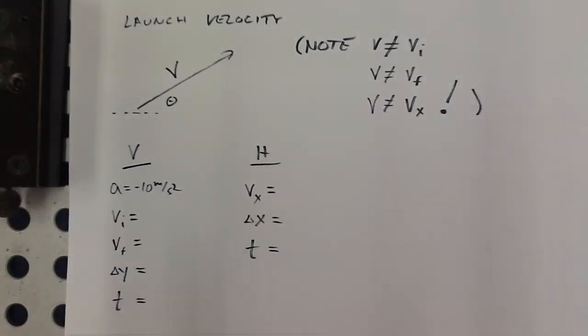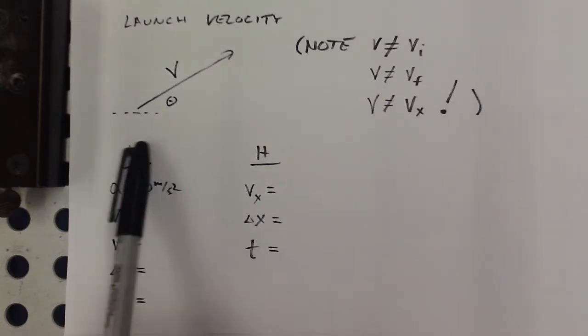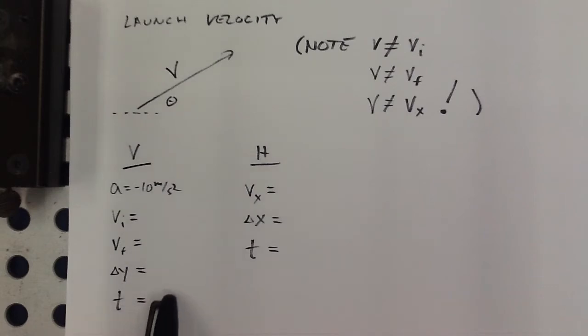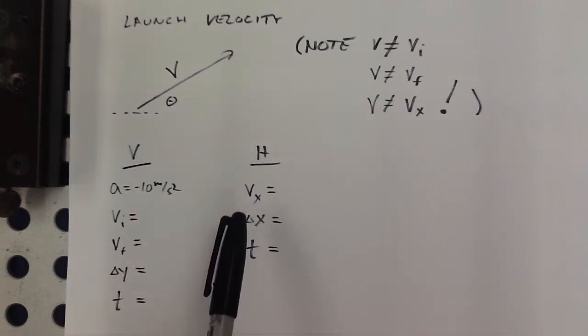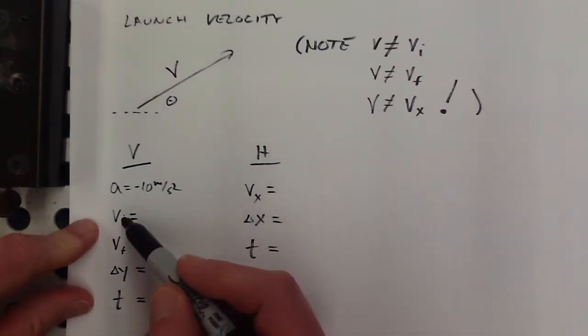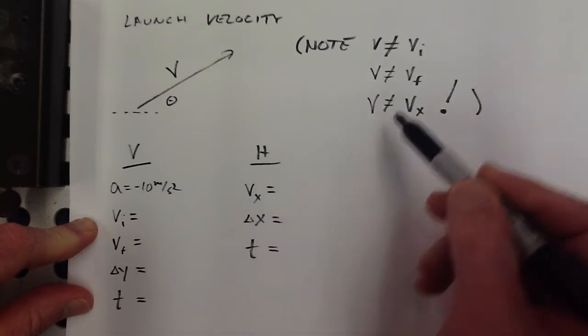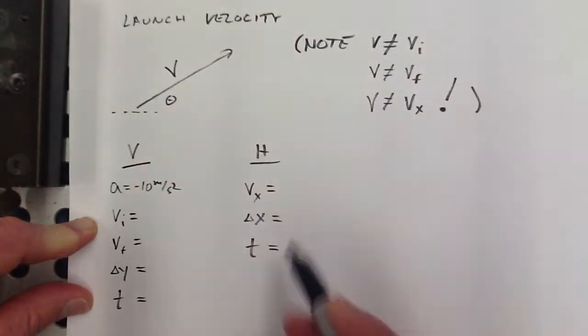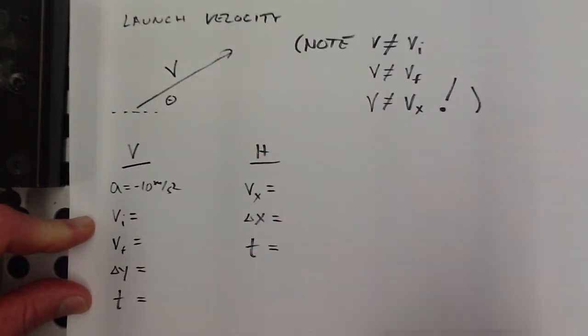By now you've done enough horizontal launch problems, I hope, to understand that here we use kinematics equations to relate these things, and here there's just one equation, delta x is equal to Vx times t. So there's my three: VI, VF, and Vx. But this number, whatever it is, does not go in any of those places.